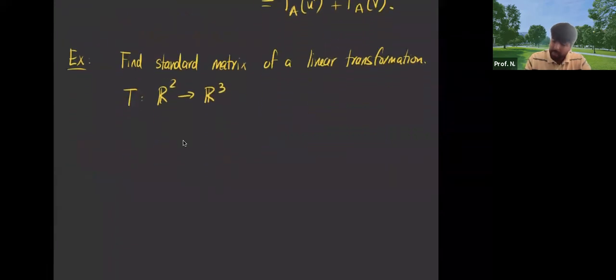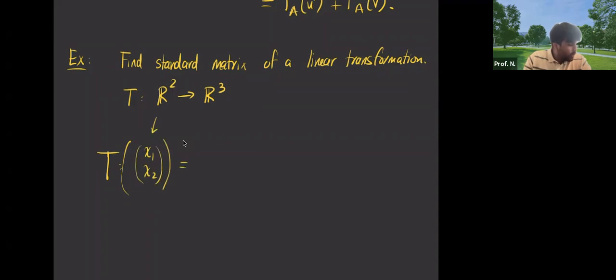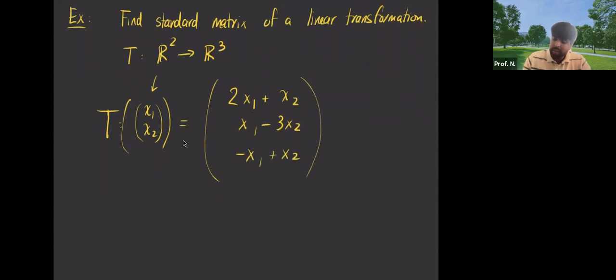And I give you that T takes the vector x1, x2. Remember, this is the input. And the result is something like this: 2x1 plus x2, x1 minus 3x2, and negative x1 plus x2. And what I want to find is, what is A? I should call this A, right? What is A?